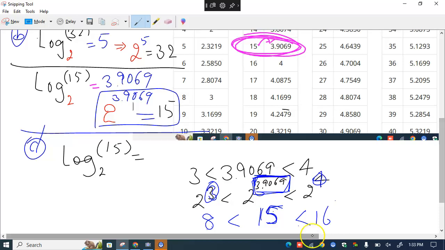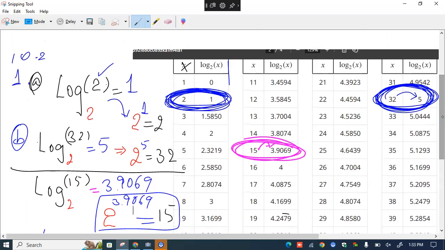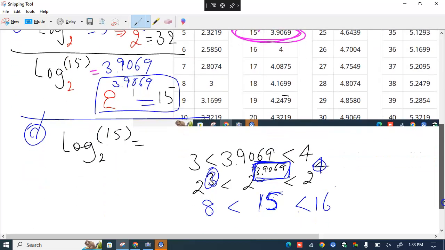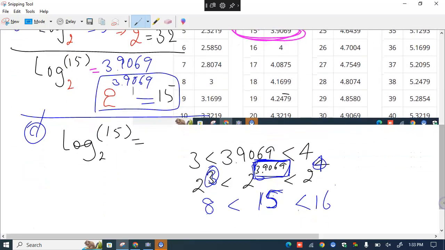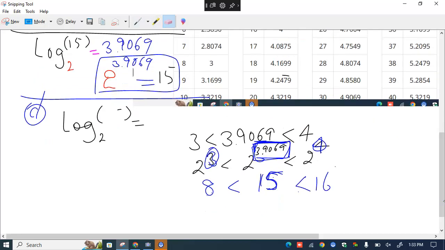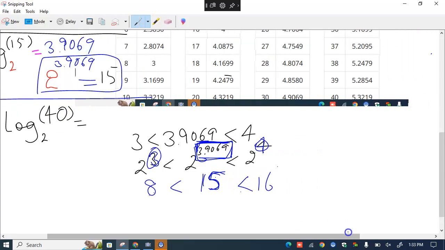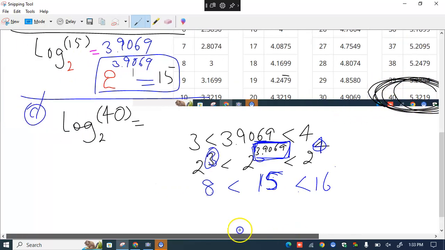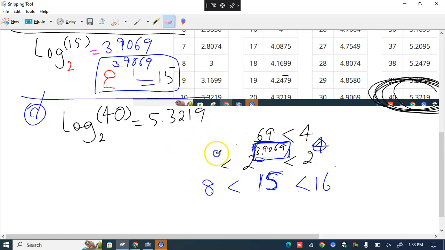From the table you look up 40, since we did 15 already. So 40 is right here, 5.3219. So at the same time, we need to write this in exponential form.